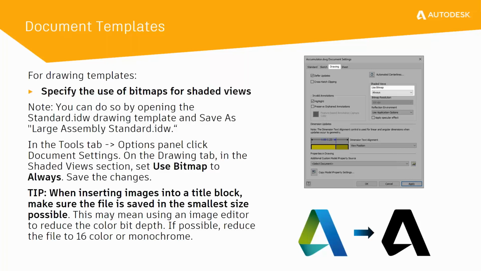So what you can do is look to reduce the number of colors. Maybe you can reduce that down to 8-bit or even 8 colors if possible, or preferably just go down to monochrome, and that's what I've done here with the Autodesk logo. Maybe you can replace that just with a monochrome representation, which significantly reduces the amount of resources that's required to generate that each and every time you're working with an assembly file or a drawing file.